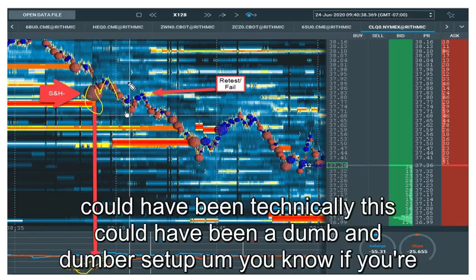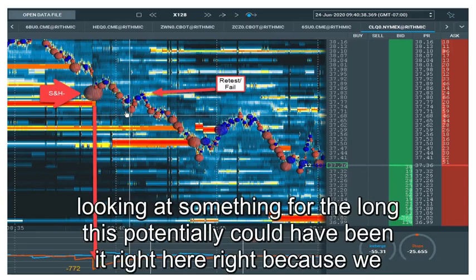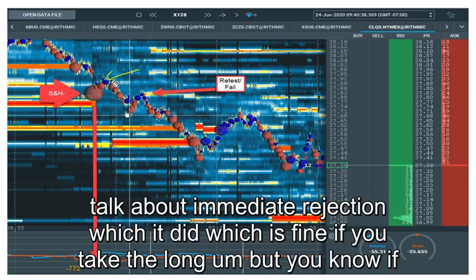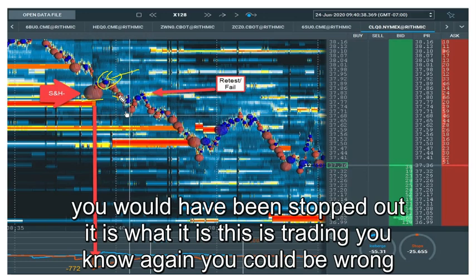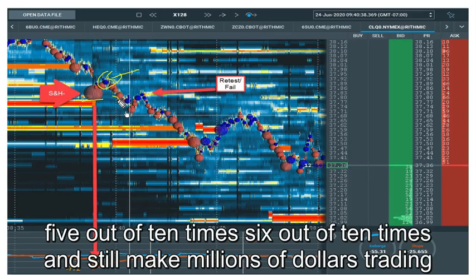Technically, this could have been a Dumb and Dumber setup. If you're looking at something for the long, this potentially could have been it right here, right? Because we talk about immediate rejection, which it did, which is fine if you take the long. But if you're looking short, then you just wait for it to break through, right? So if you got long, you would have been stopped out. It is what it is. This is trading. You could be wrong 5 out of 10 times, 6 out of 10 times, and still make millions of dollars trading.